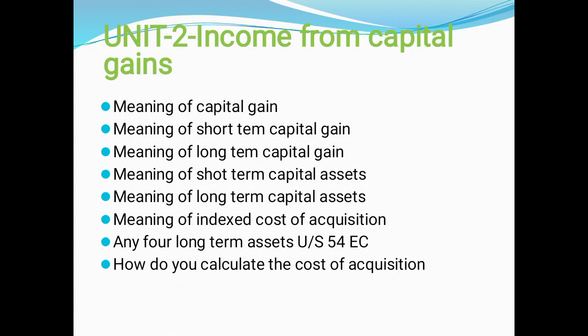Whenever we purchase a machinery, land or shares, we have to calculate the cost of acquisition, which will be used when we sell that asset. For calculating the cost of acquisition there are certain methods, and you have to write them in the examination. So this may come for 2 marks, that is income from capital gains.